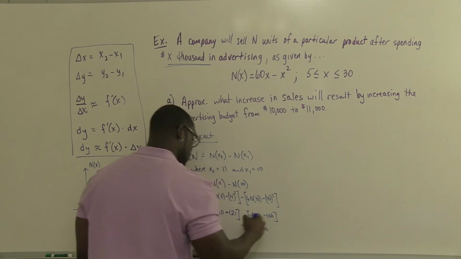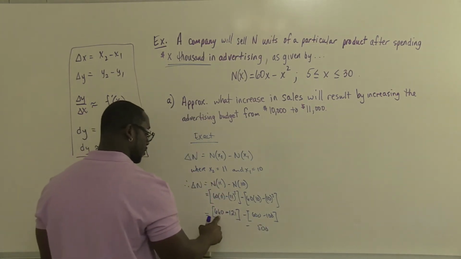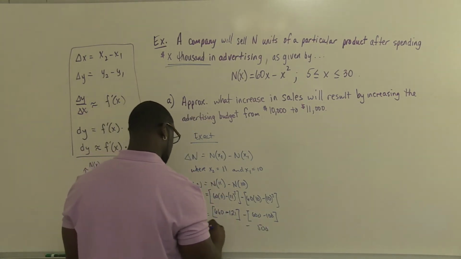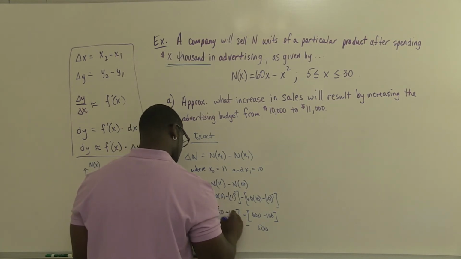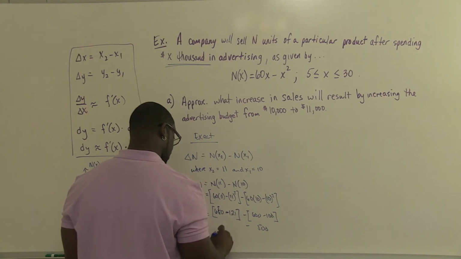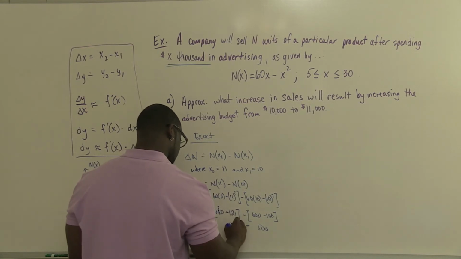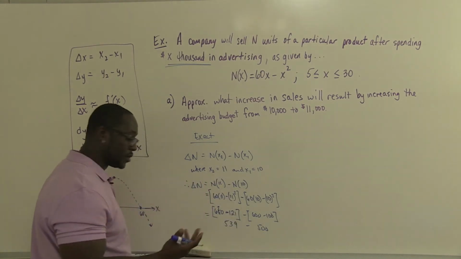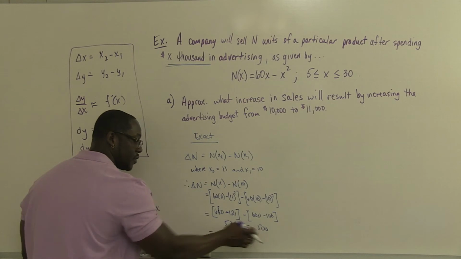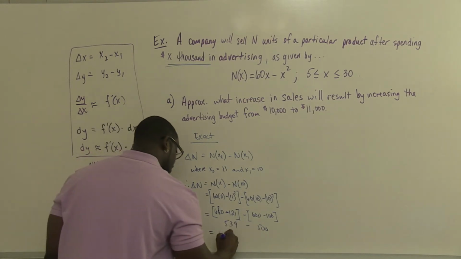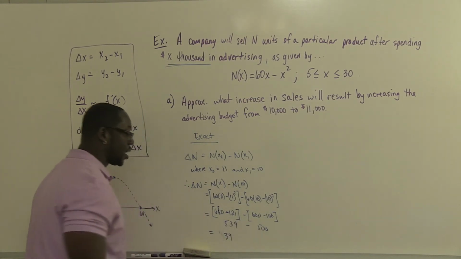Of course, this part is 500. If we subtract 121 from 660, I believe we get 139, but I'm going to check it just to be sure. So that's 539. Yeah, sorry. And if we take 539 and subtract it from 500, we get 39.